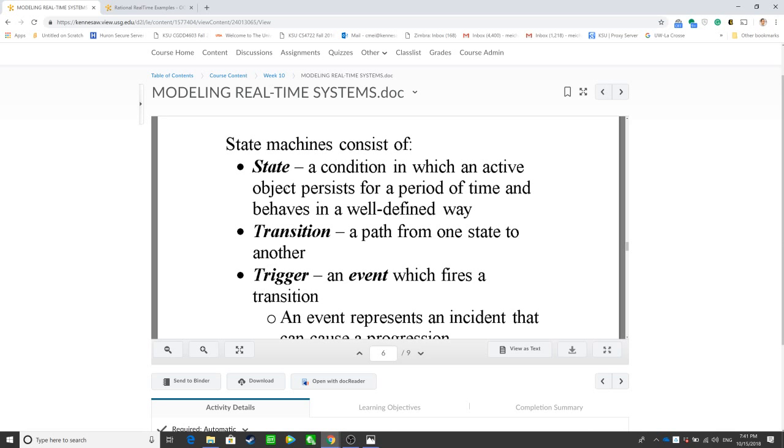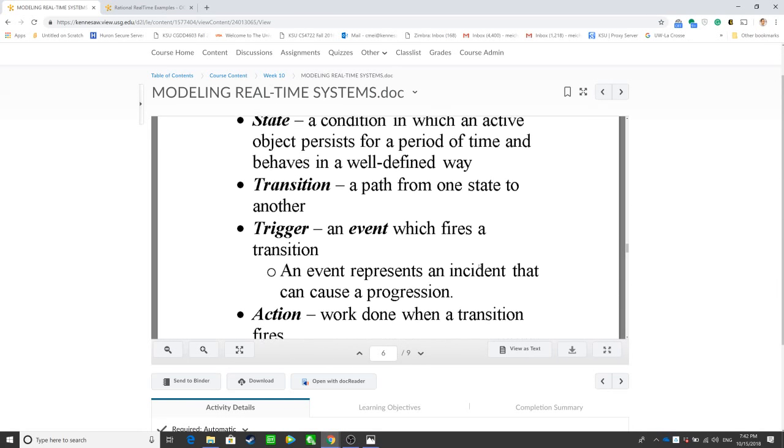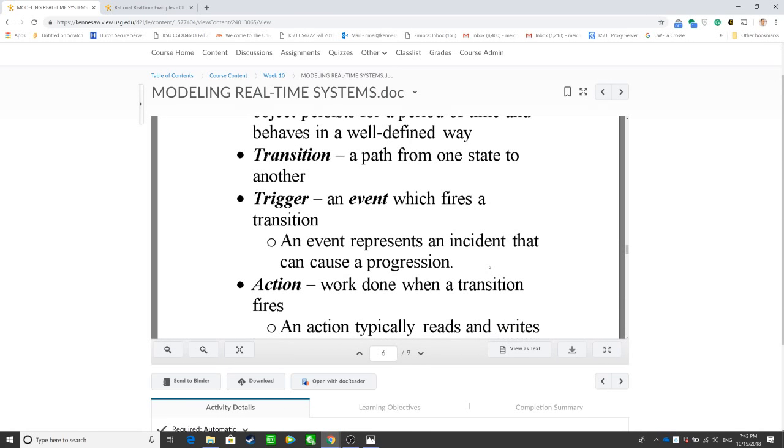And the transition is a path from one state to another. Those are connections between states. The triggers are those events which fire a transition. An event represents an incident that can cause progression.